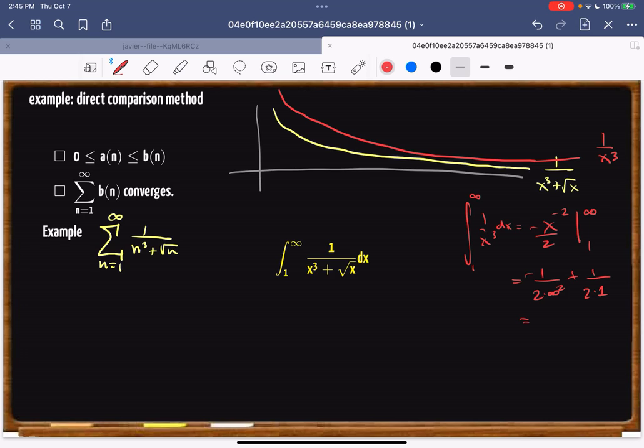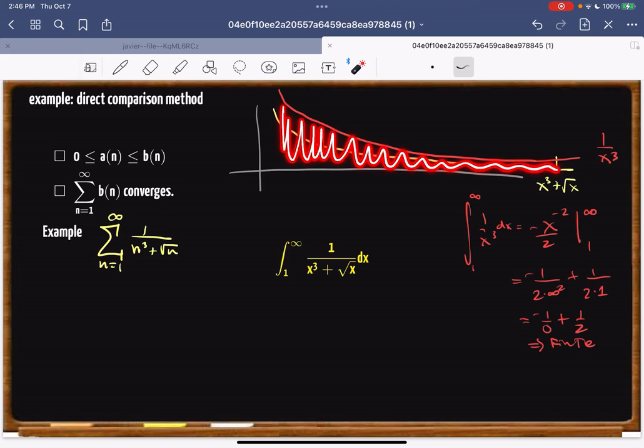So that would give me actually negative 1 over infinity plus 1 over 2. So that would be equal to finite. So I know that if I was to calculate this area right here, it's finite. The one under the orange curve, the simpler curve.